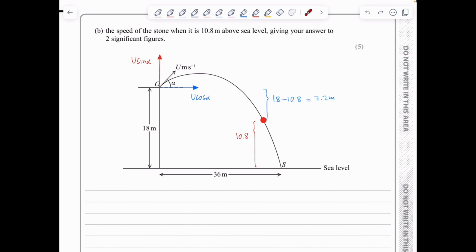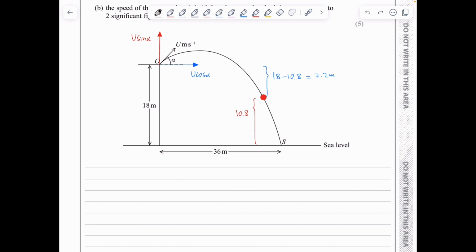So I can use once more the vertical displacement. So the vertical displacement sy is equal to minus 7.2 because we are 7.2 meters below the launching point, and this is equal to u sine alpha times t plus a half times minus 10 times t squared.